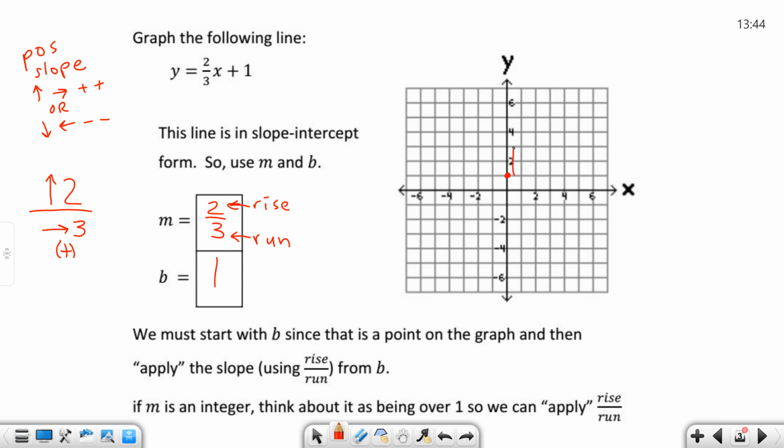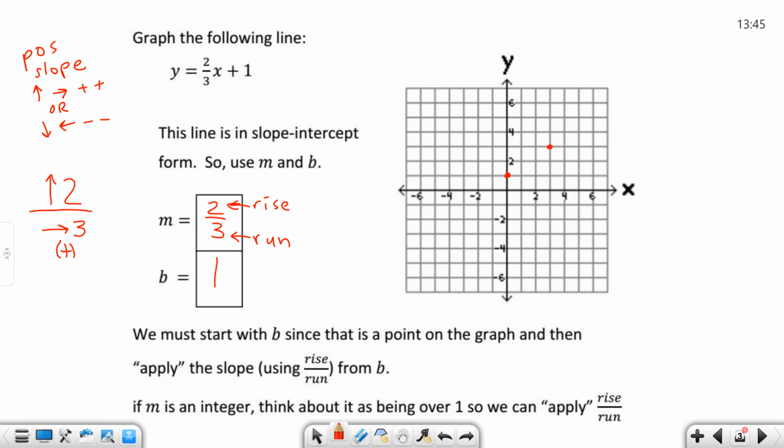So from this, I go up 2 units, and then I go right 3 units, and I get a point right here. So up 2, right 3 takes me to this point right here. That's if I go up 2 and right 3 units.